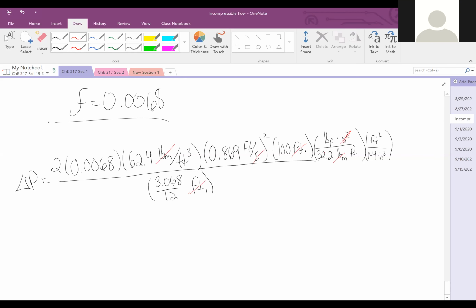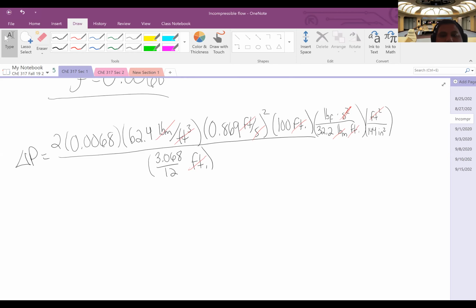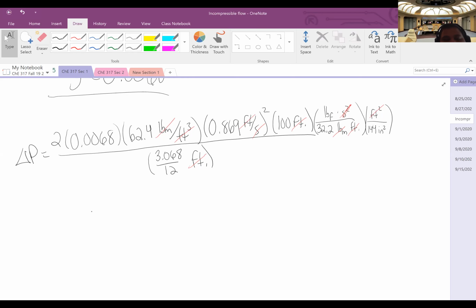So I have feet to the fourth on the top, and feet to the fourth on the bottom. There's 4 here, there's 4 here. So I'm left with pound force per square inch, or PSI, or delta P.